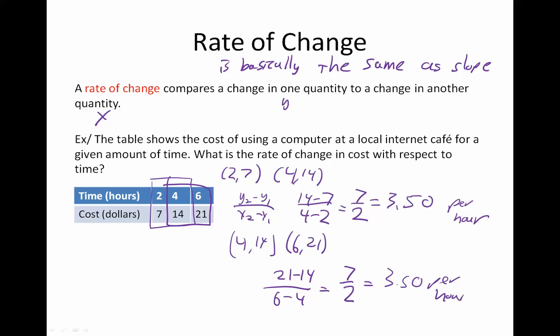So how much does it cost to use a computer at this internet cafe? It's $3.50 per hour, okay? And we can see that in the table. For 2 hours it's 7, for 4 hours it's 14. Clearly, every 2 hours that I'm on the computer, I've paid $7, which means $3.50 per hour, right? It's the change in one quantity, cost, over the change in another quantity, time.